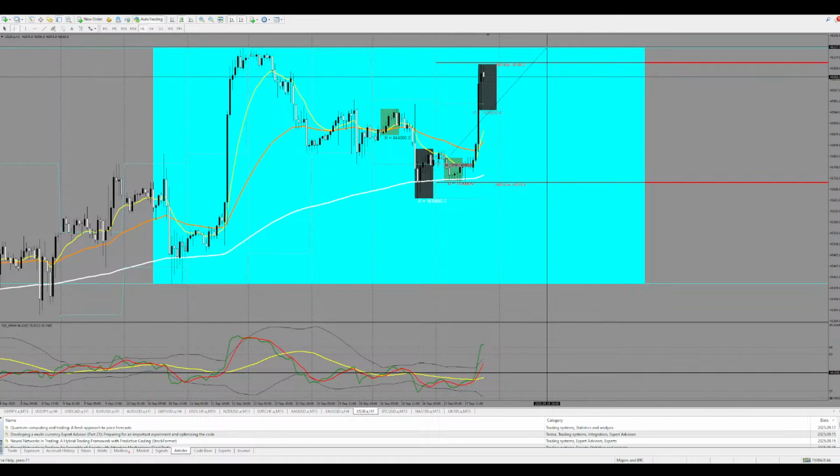So you can see that around this point, price broke the halfway point. So that means price went into discount pricing, which made it ideal for a buy if you are to go with the larger trend.